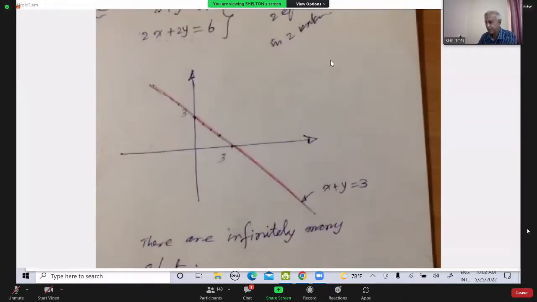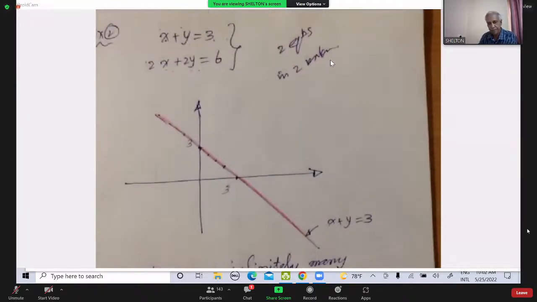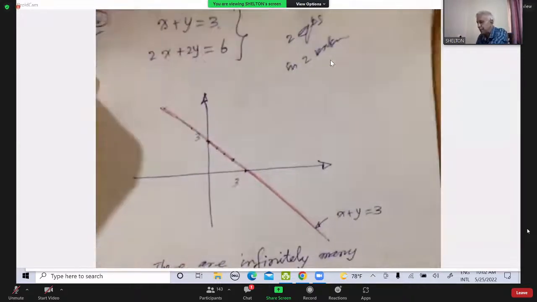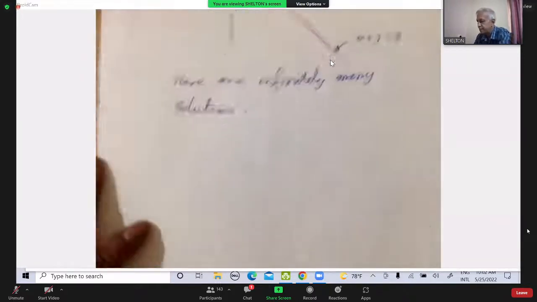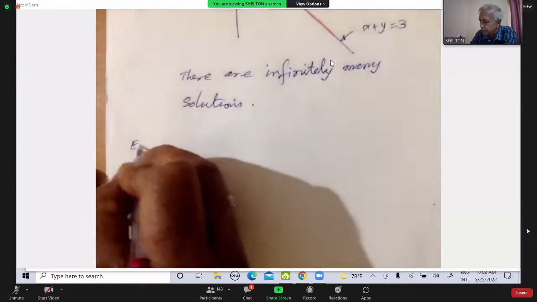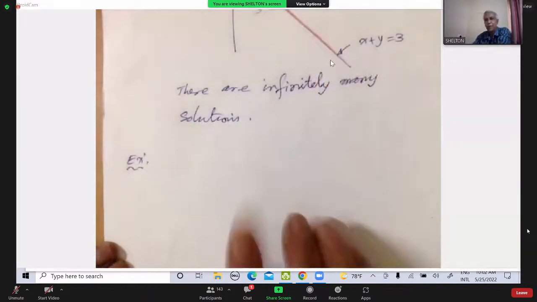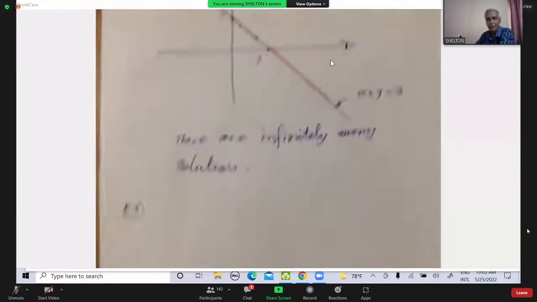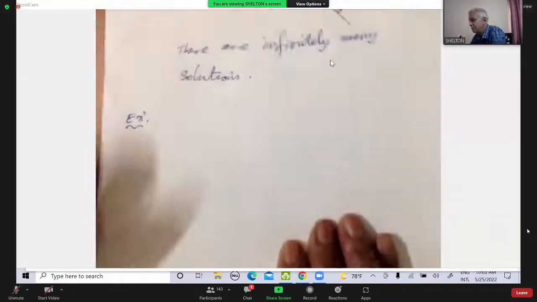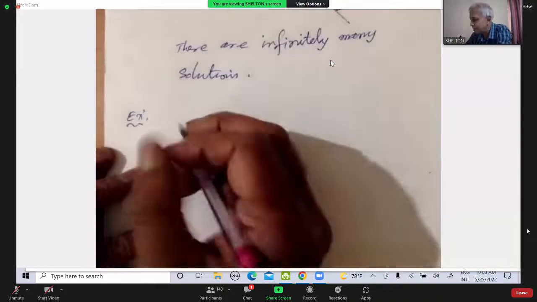The third example is just this. I'll make two parallel lines. These two are considered parallel also, one and the same lines, but distinct parallel lines.